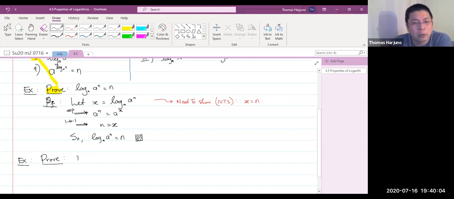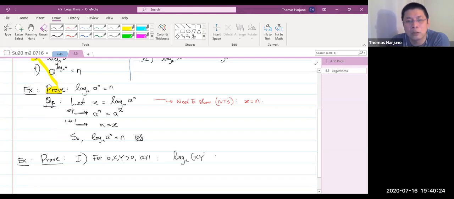Prove property number 1, that is, for a, x, and y positive, a is not equal to 1, we have log base a of xy equals log base a of x plus log base a of y.